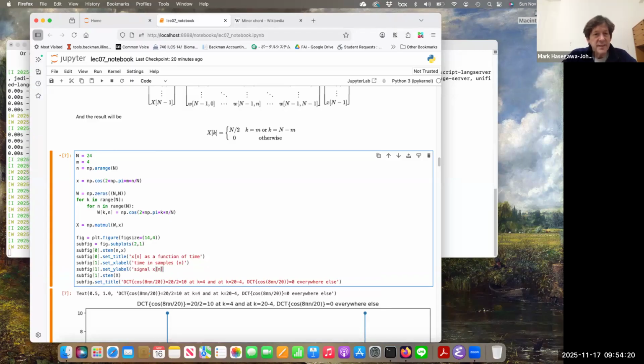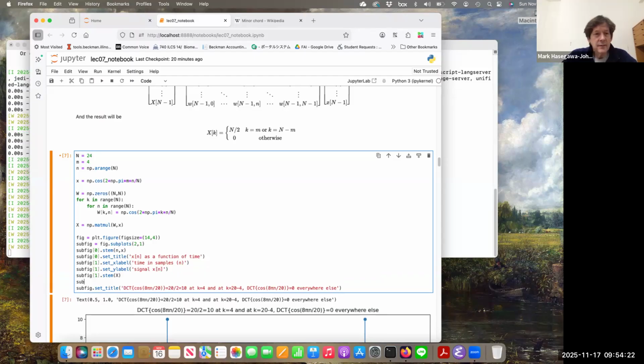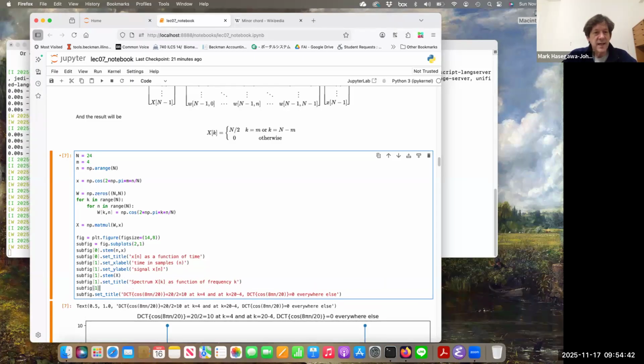And then subfigure 1, let's say the title, and I'm going to make this a bigger plot too. Let's make it 8 samples high. We'll set the title to be the spectrum X of k as function of frequency k. And for subfig 1, we'll set the X label to be frequency k, and that's the number of periods per 24 samples.